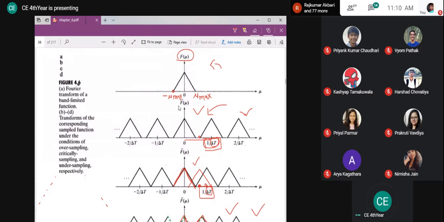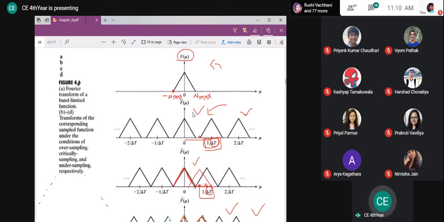But in case I am able to get my original version back from my sampled version, it will be beneficial to me anyway. So if this is my sampled version, is it possible to go back from this version to this version?